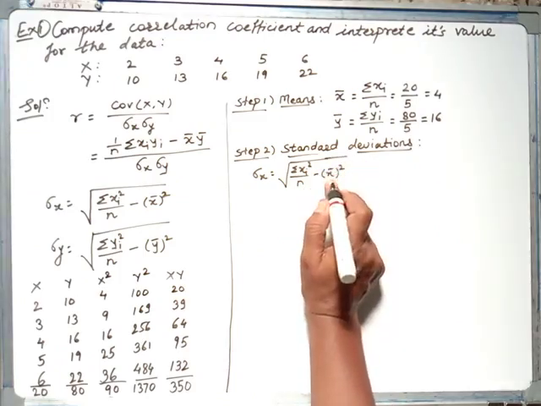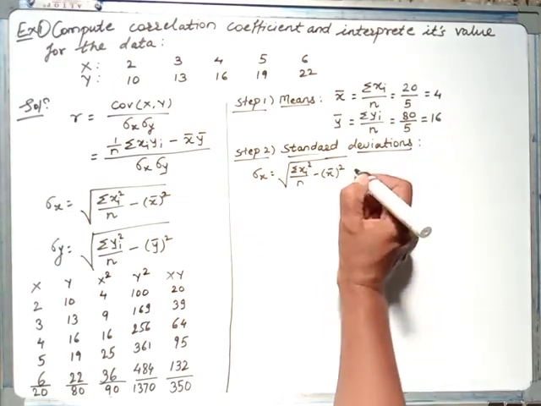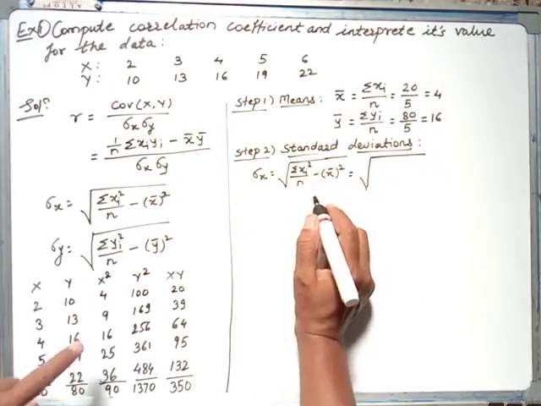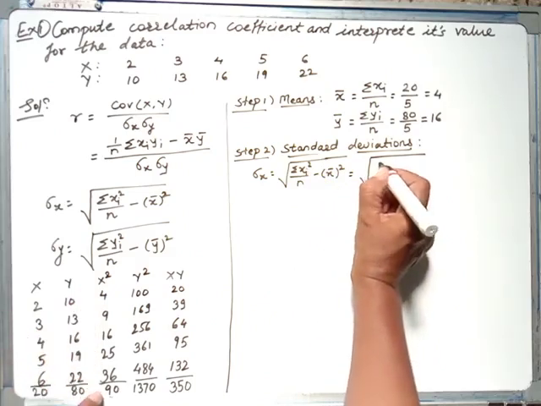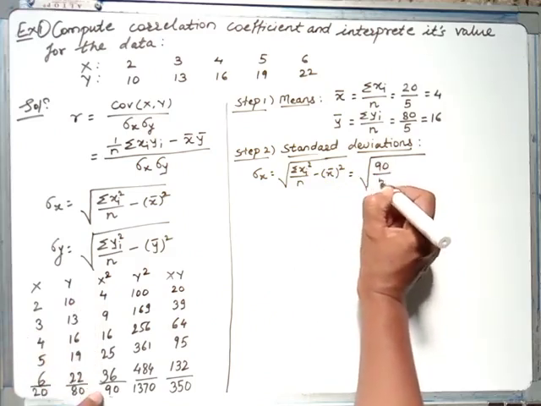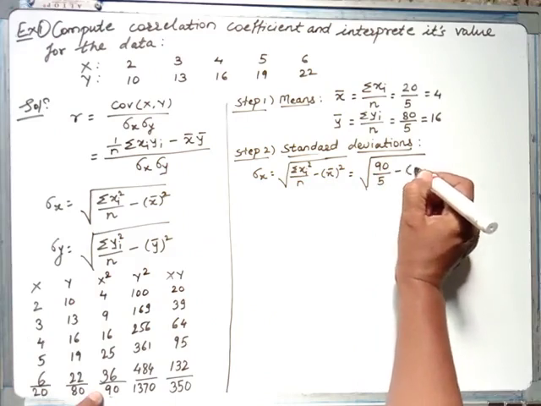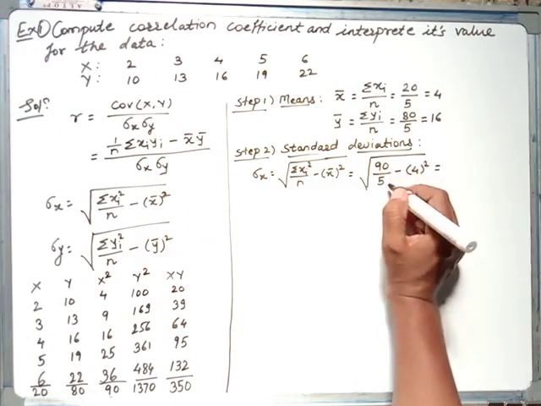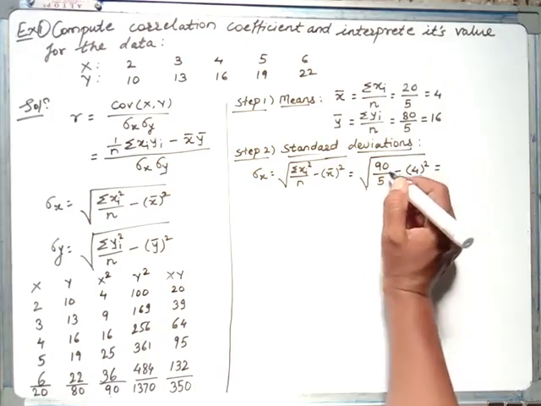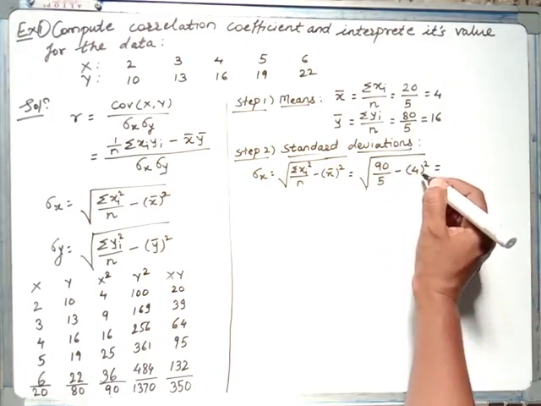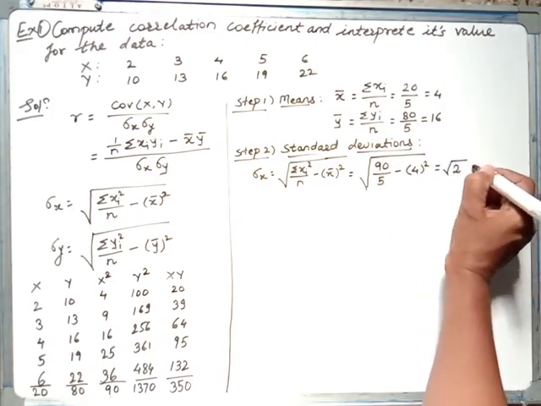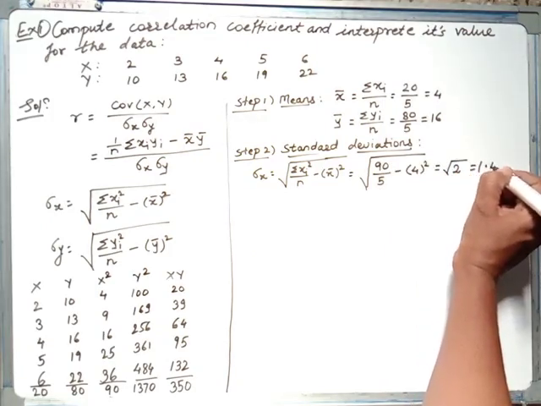X bar is required here, that's why we determine the mean first. So summation xi square is 90 upon 5, minus x bar, which is 4, its square. This is 18 minus 16. So it will be root 2. It is 1.4142.